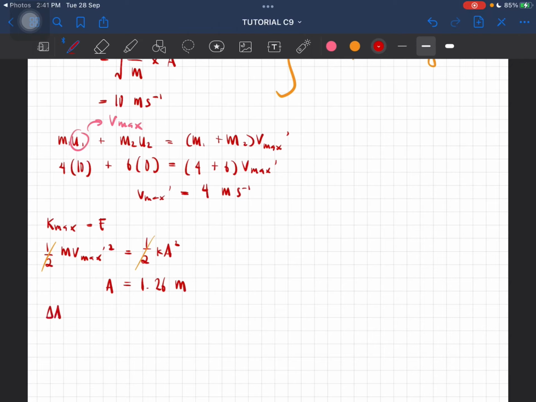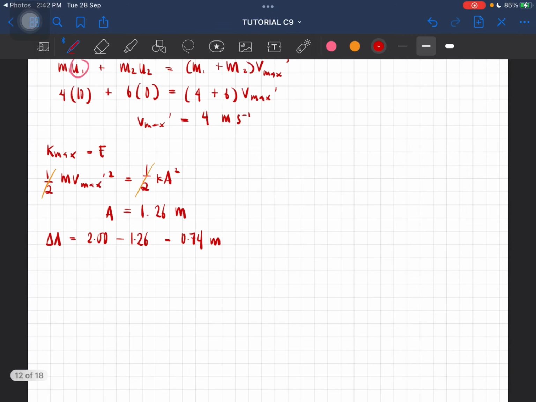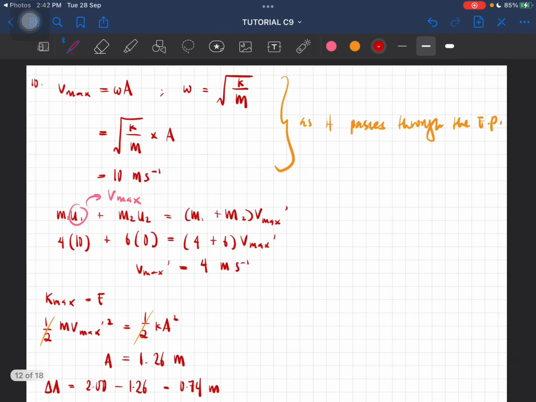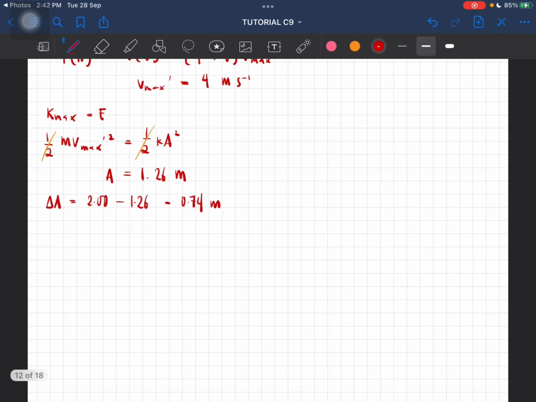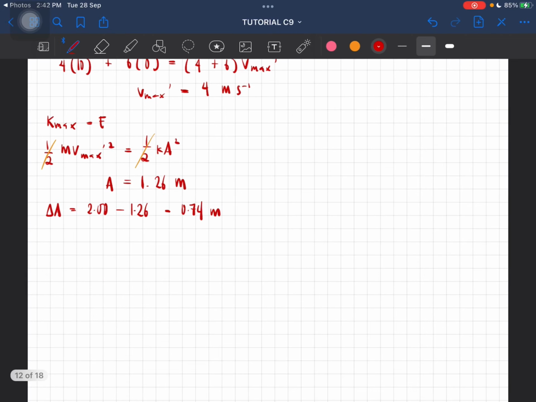So the change in amplitude will be 2 minus 1.26, which is 0.74 meters. That is the change in amplitude after the 6 kg object is added.